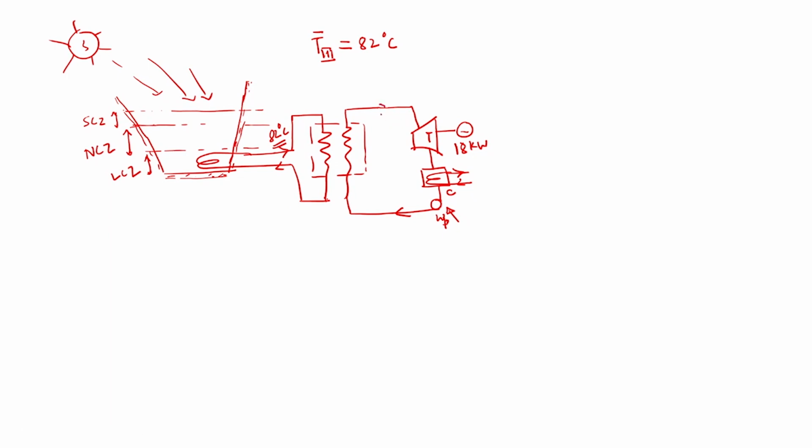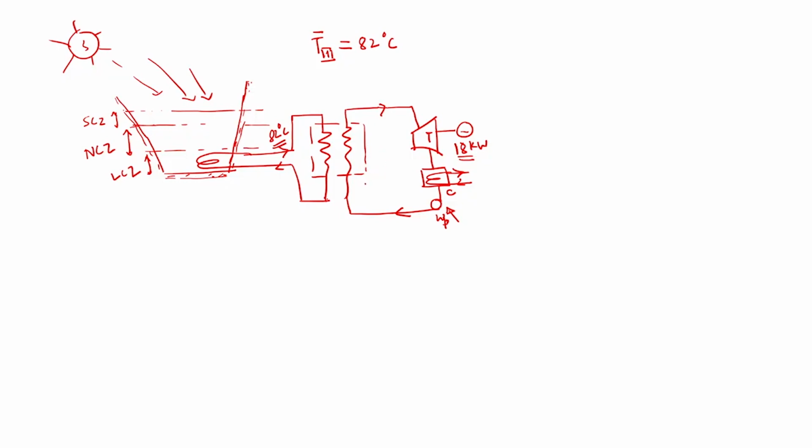Okay. So, it will evaporate and pressure will rise and it will expand in the turbine and electricity will be generated. So, it is given that 18 kilowatt electricity is generated in this setup, and this is a condenser and pump, and it circulates again and again, right. So, I will now write down what are the information given to us. Okay.